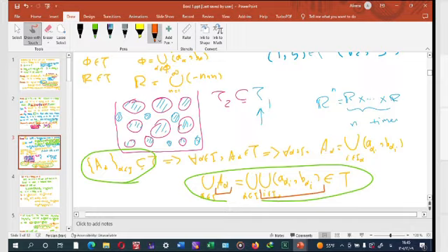By this equality, the union of A alpha equals this union, and this union is an element of tau.